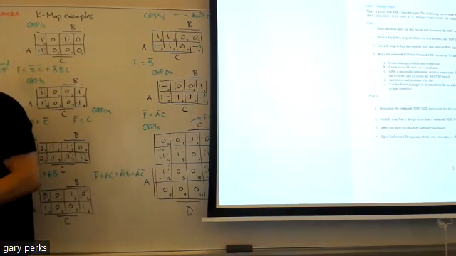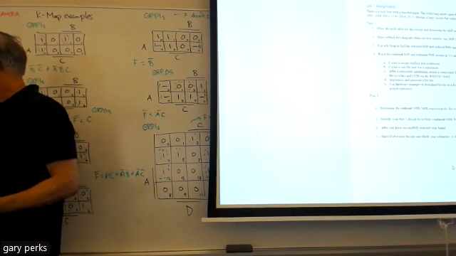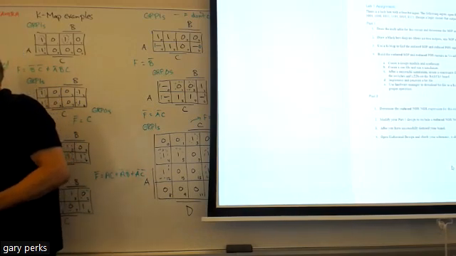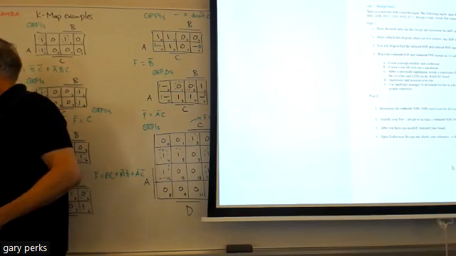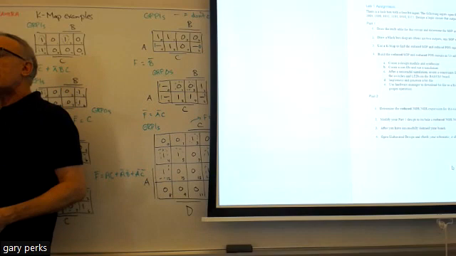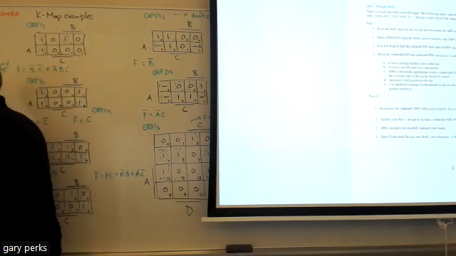Remember last class when we went from a SOP or POS equation to the circuit diagram? Each term would give us a gate. Depending on how many terms we had, that would determine how many inputs go into the OR gate that ORs them all together for SOP, or the AND gate that ANDs them all together for POS.